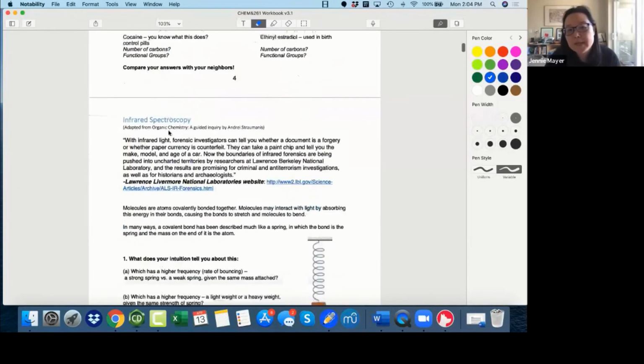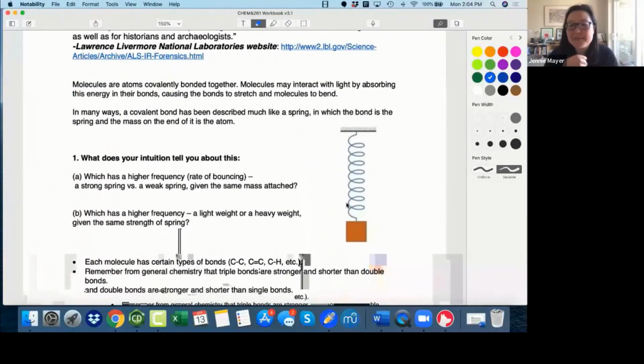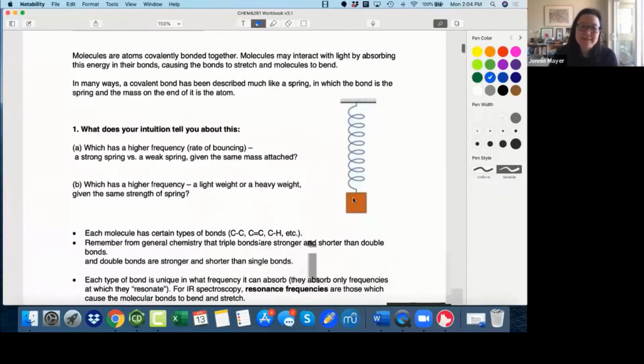Sometimes we can think of those bonds as being like a spring, like in physics, where the mass or block attached to it is like the atom. So think about two atoms with a bond in between, vibrating like a mattress spring.